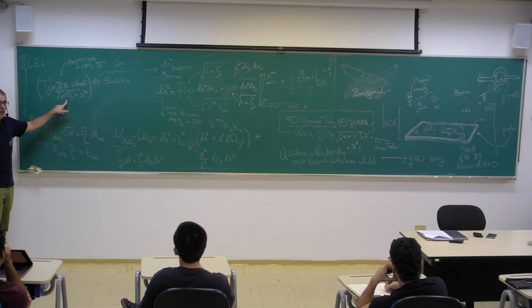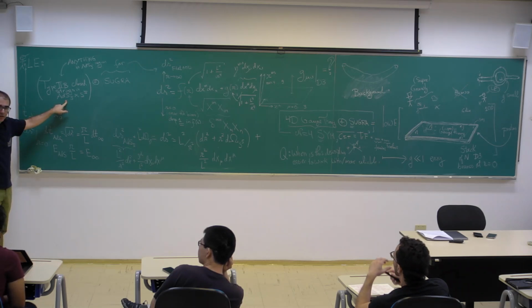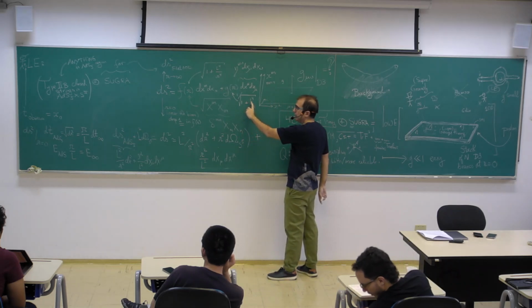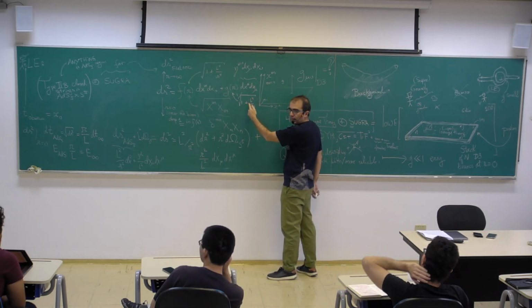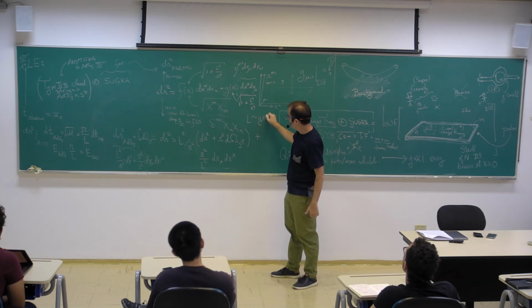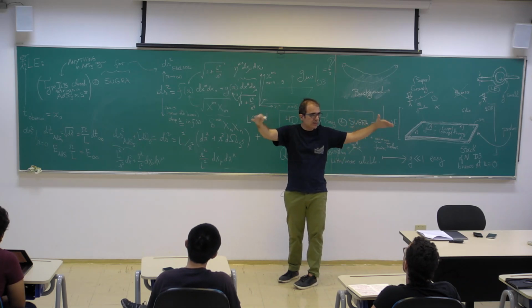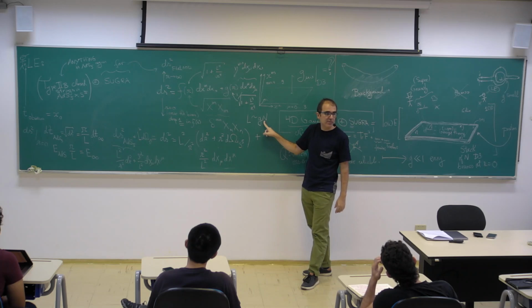When is this description good? This description is good when the background is not changing much. That is good when this L is large. This L needs to be large, otherwise this is not a good metric. And L, I remind you, was proportional to G. So this is a good description when the curvatures are small, when L is big. It's a good description when G is big now instead of small. Which makes sense.